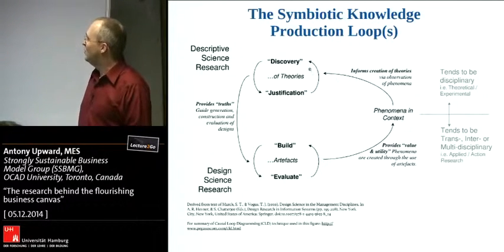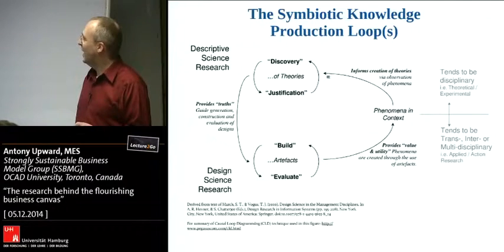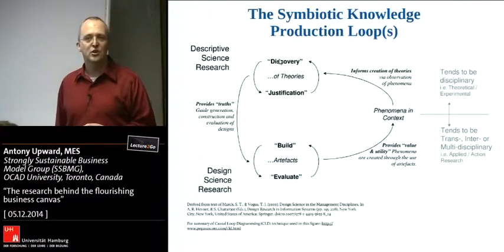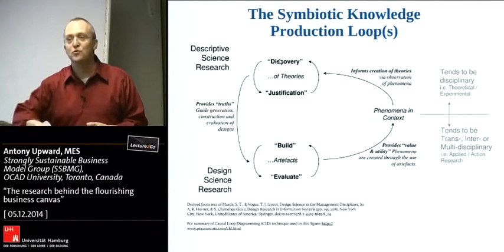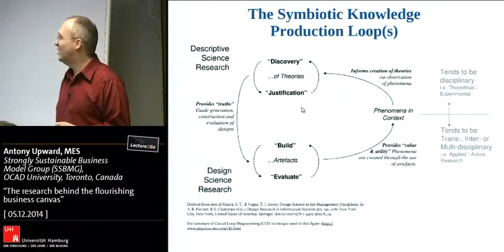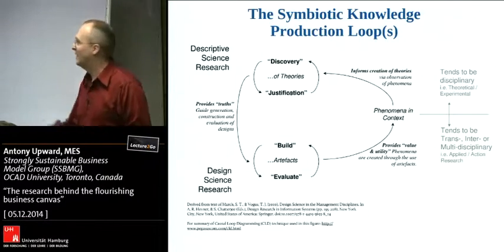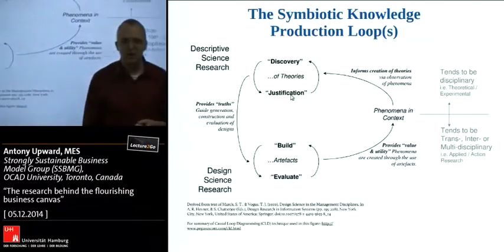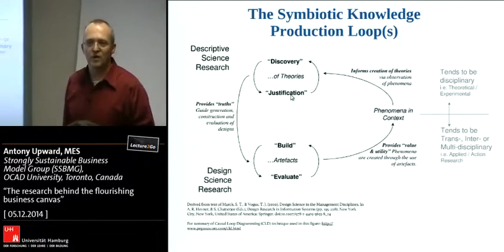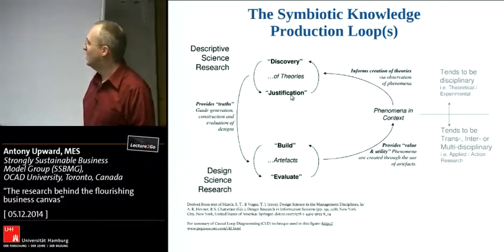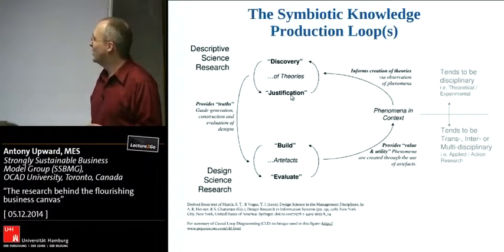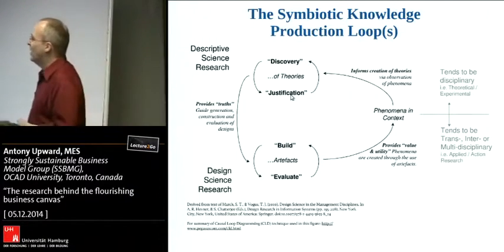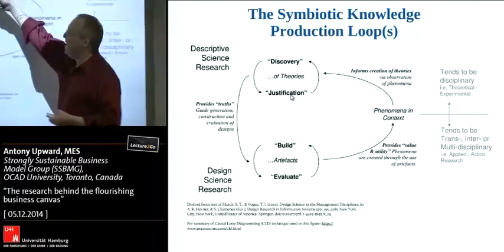And this phenomena, you observe it, and this informs the creation or the discovery of theories, which then you try and prove are correct by a process of justification. And of course, this is the process of normal and paradigm-changing science that Kuhn so eloquently described in his work in the 1960s. But you'll notice there's a one-way arrow here.